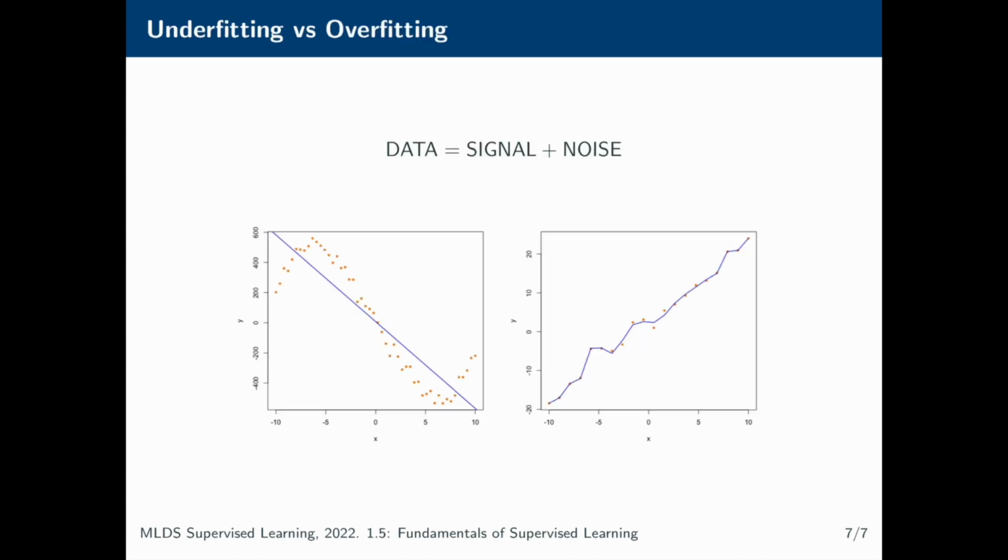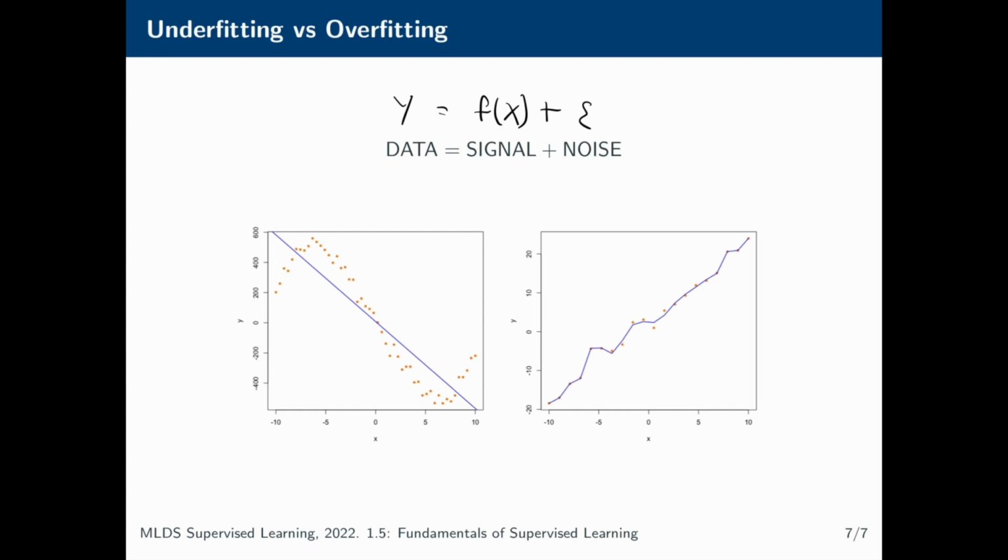In supervised learning, our representation of y as f of x plus epsilon could be thought of as decomposing the data into signal and noise. And because we're decomposing the data into two terms, there are two different ways of getting things wrong.